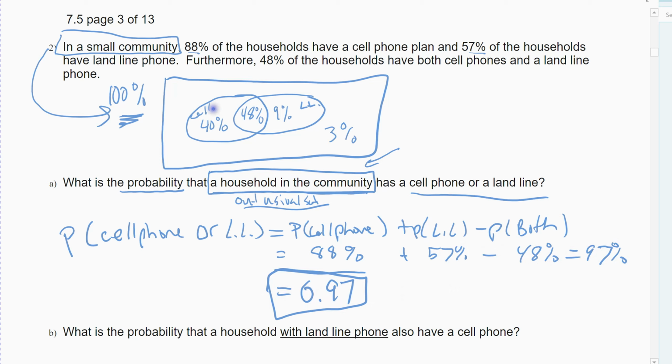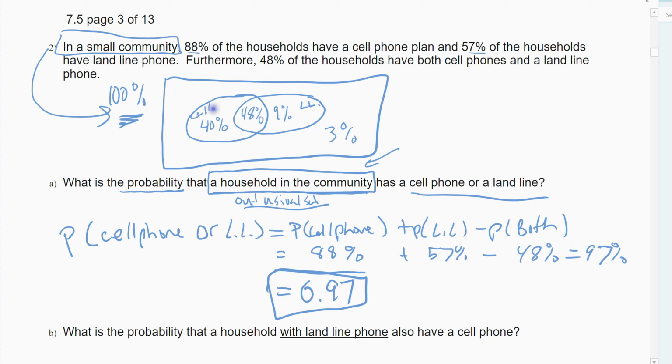Alright, so probability that they're a female or received a B. Well, I'm going to use my formula: probability they're female, plus the probability they're a B student, minus the probability they're both, the AND statement. Out of the universal set, the chance of picking a female student would be 53 out of 87.